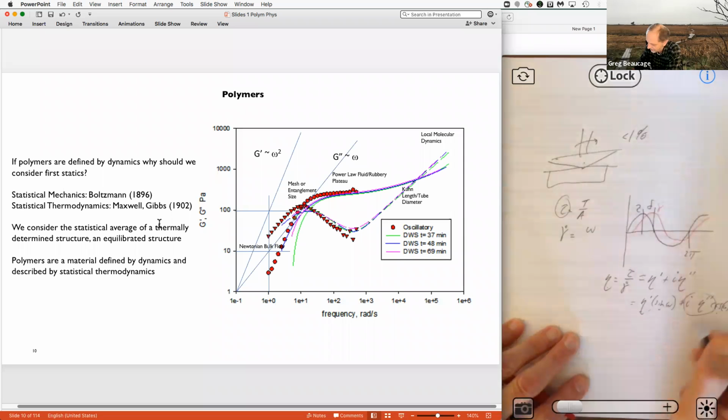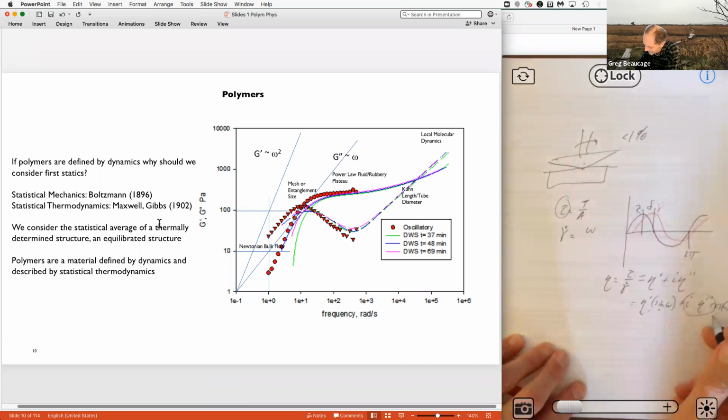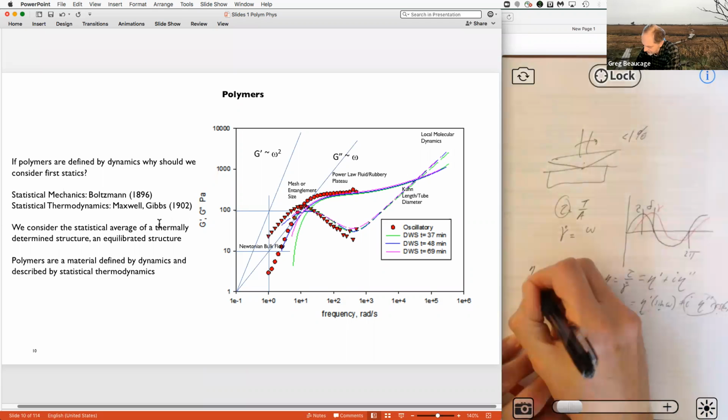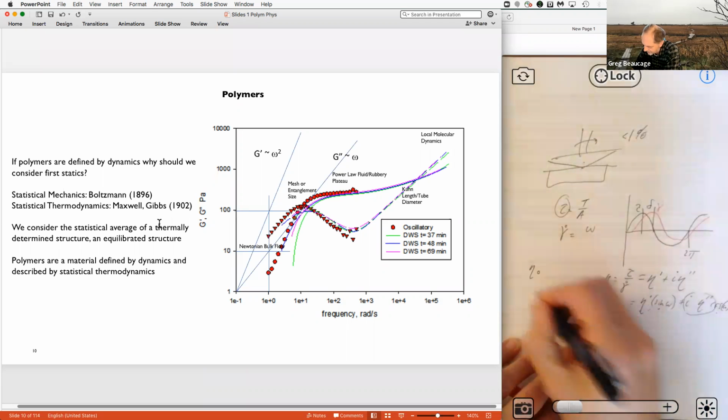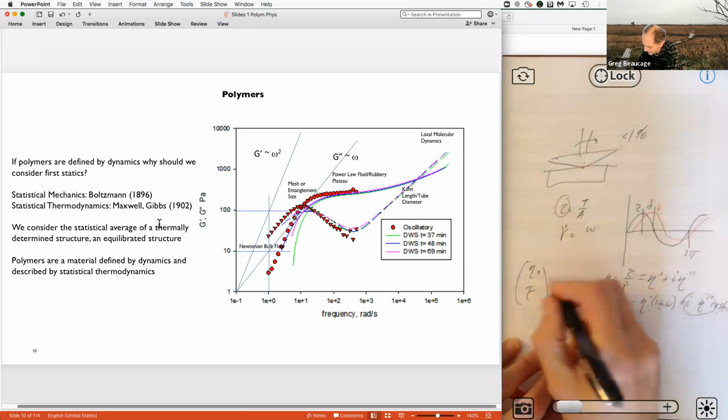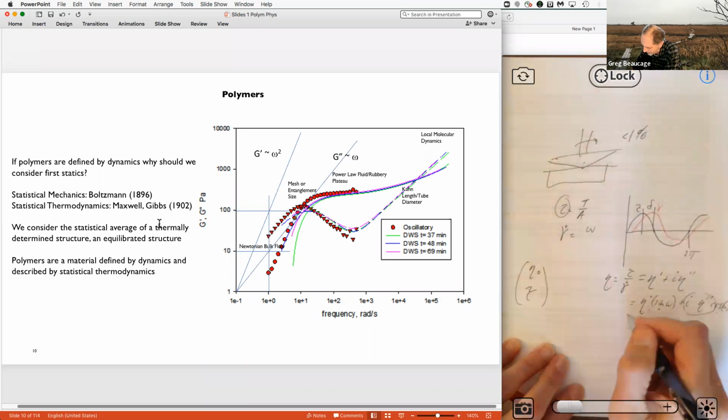So you're going to have this kind of breakdown. The material is only going to have like three parameters that describe it. One is the zero shear rate viscosity, and then this relaxation time. Then we can describe all the properties of the system. Okay, so basically everything's related.